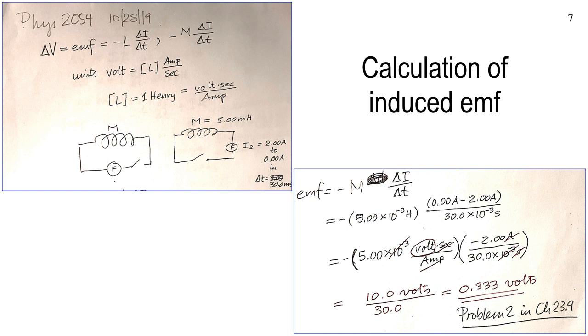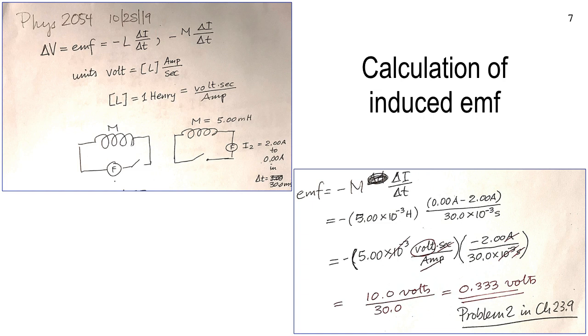All right, so now let's put together our EMF. EMF is equal to minus M, and I'll just rewrite the delta I over delta T. And it's just kind of a cinchy plug-in. So this is equal to minus 5.00 times 10 to the minus 3 henries. That's a millihenry.